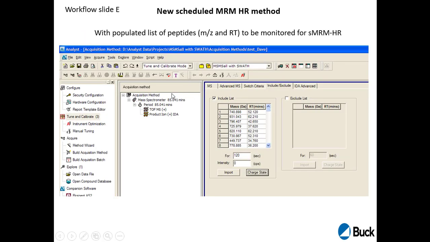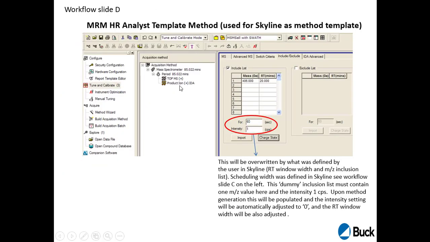So for this product ion scan, you don't list all the precursor ions at that point, right? You don't have 100 things listed here as different scans, but they have an inclusion list tab.